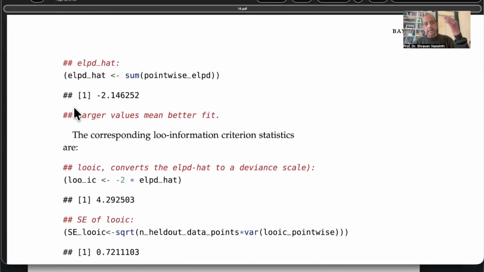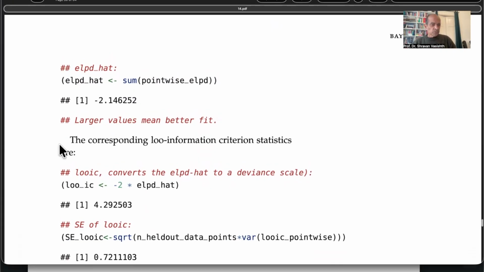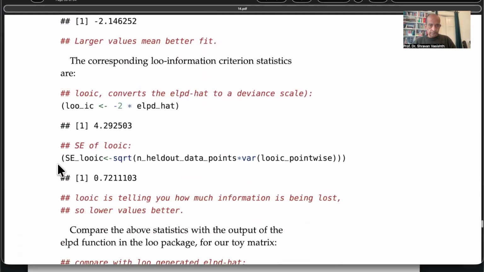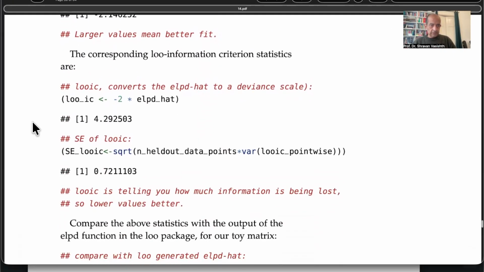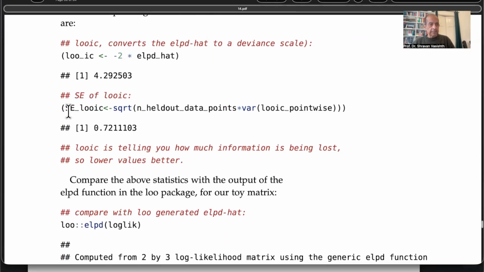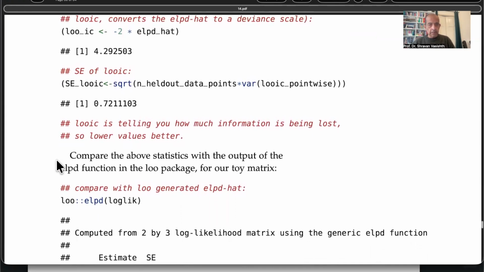The larger the value of the ELPD hat, the better the fit. It's the same thing for the LOO information criterion and its standard error. The LOO information criterion tells you how much information is being lost, so lower values are better, just to make life more confusing. Higher values for ELPD hat are better fits, lower values of LOO IC are better fits.